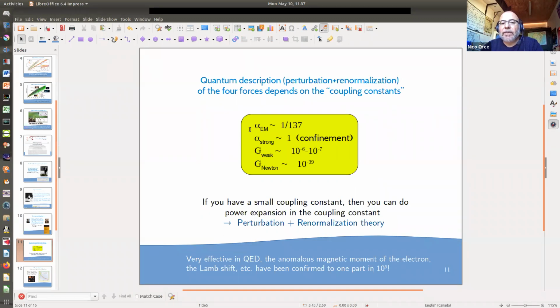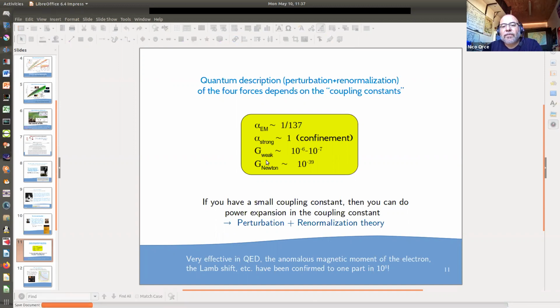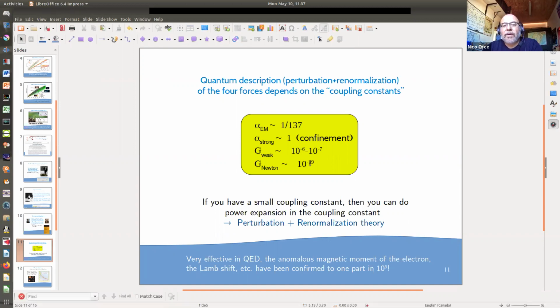So here we see that the coupling constant for electromagnetism is 1/137. The coupling constant for the nuclear force is about 1. And we have for the weak force 10 to the minus 6, 10 to the minus 7. For Newton's force, the gravitational force, we have 10 to the minus 39.